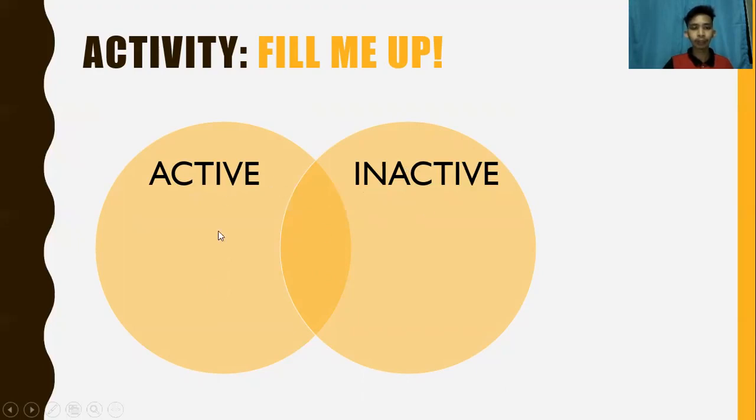And then, on the opposite sides, you write down their unique characteristics. What makes an active volcano different from an inactive volcano? You may go back to our previous videos to answer the following question. So let's proceed to our next topic.